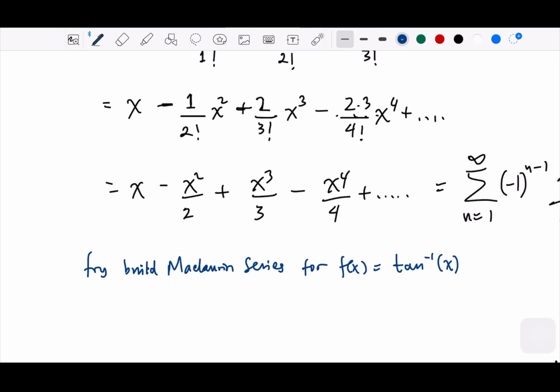So try your best to build up the Maclaurin series from scratch. Try the other basic Maclaurin functions as well, such as sine. I think we've done sine in class. Cosine, if you want, try to build cosine. Try to build the tangent inverse.